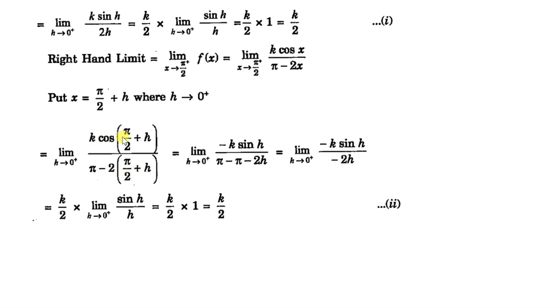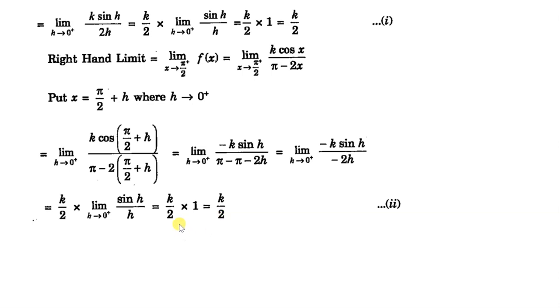Cos (90 plus theta) is minus sin theta, because in the second quadrant cos is negative, so we get minus k sin h divided by minus 2h. Pi gets cancelled, the minus sign also gets cancelled, and you are left with k by 2 into the limit as h tends to 0 from the right of sin h upon h. Again it is 1, so the right hand limit is also k by 2.